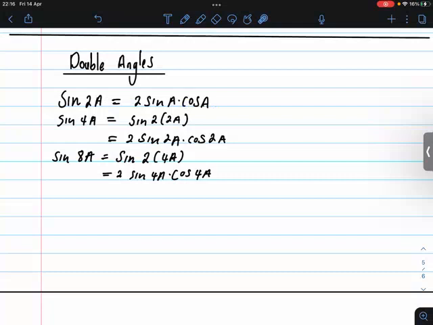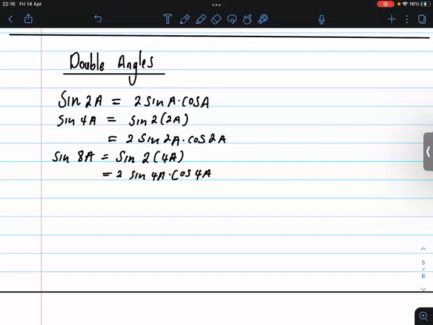Now, let's look at this. This is a lot of the cases, right? What about the following?